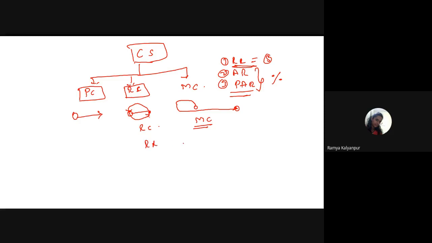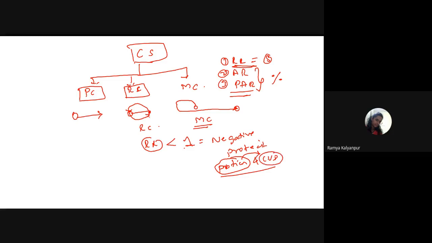How do you interpret this relative risk? The general interpretation is that a relative risk of less than 1 means there is a negative association or a protective association. For example, protein consumption and cardiovascular disease. If I got a relative risk value of less than 1, it means that protein consumption has a protective effect on cardiovascular disease.